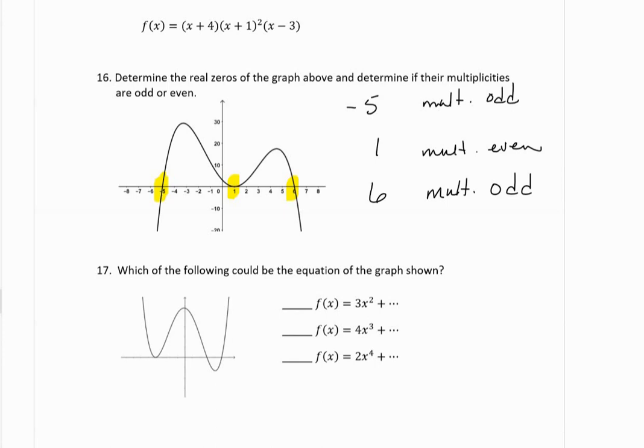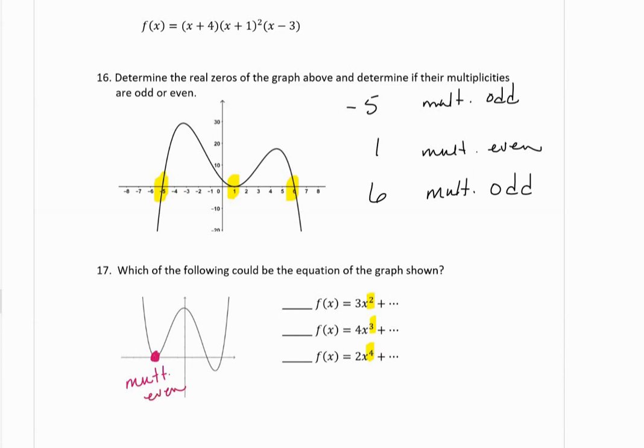Problem 17. Which of the following could be the equation of the graph? Well, if you look here at my equations, notice that I really don't care what the end part is. The only thing I'm interested in are those exponents. Here I have degree 2, degree 3, and degree 4. So if I look at how many zeros I have on here, I've got 1 zero here, and I know that its multiplicity is even.